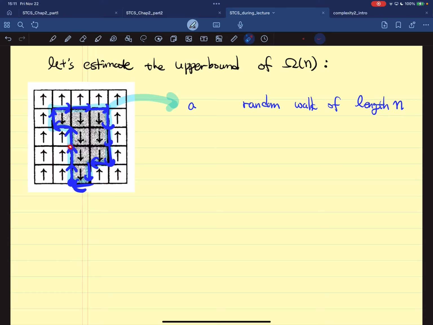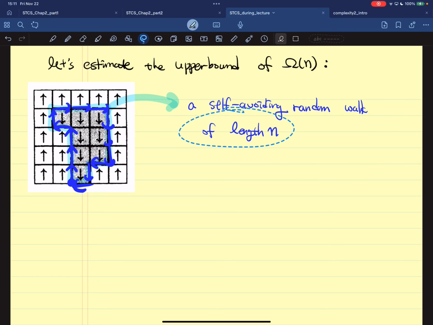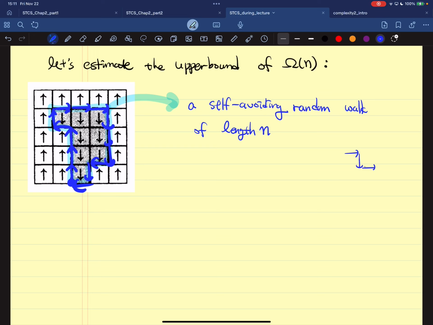So you only have 3 possibilities at any time, except for the initial point, but that's negligible. So this kind of random walk is called a self-avoiding random walk. It means that you walk randomly but you cannot retrace your step.